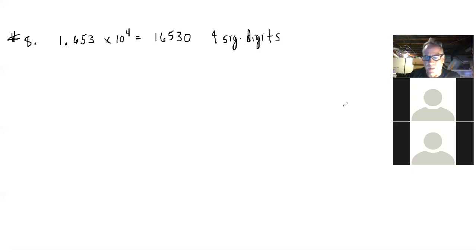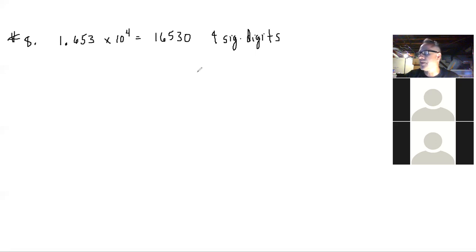And again, the reason being is this 0 right here is not significant. So we moved to the 10's place. So our precision is to the nearest 10 seconds. To the nearest 10 seconds. All right.